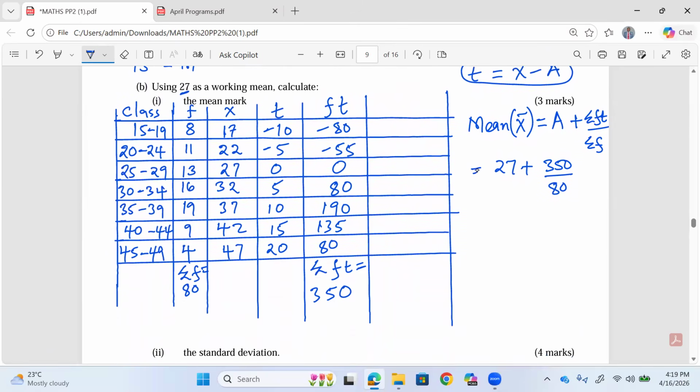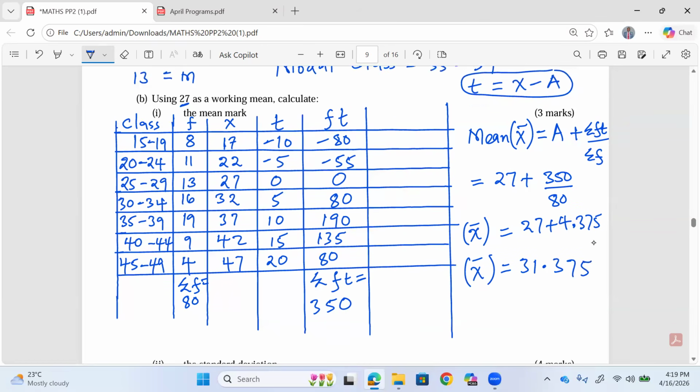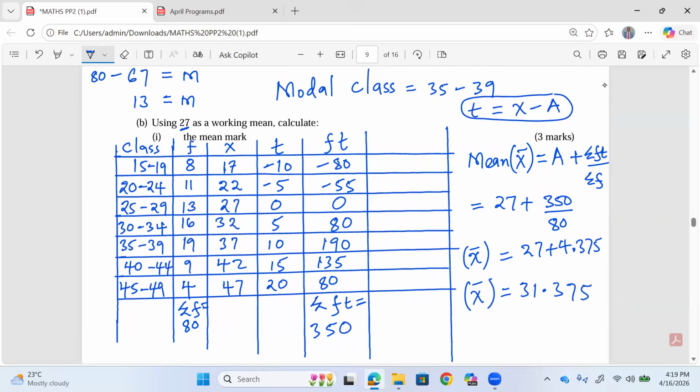So at this point, we can say that the actual mean is equal to 27 plus 350 divided by 80, which is 4.375. So the actual mean is exactly equal to 31.375.